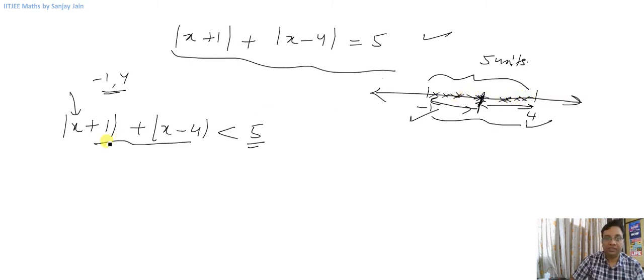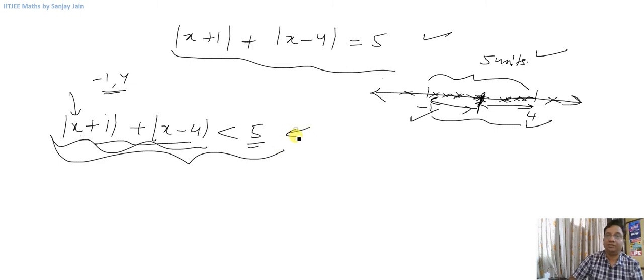Their sum of distances from -1 and 4 was 5 units. When I went beyond 4, the sum became higher than 5, and when I went below -1, the sum was greater than 5. So there is no real number that satisfies this. No such x.